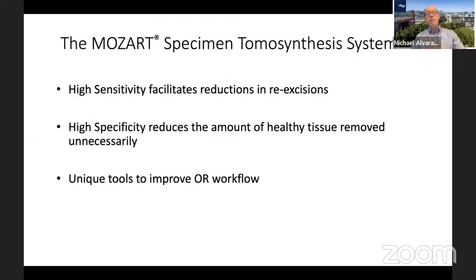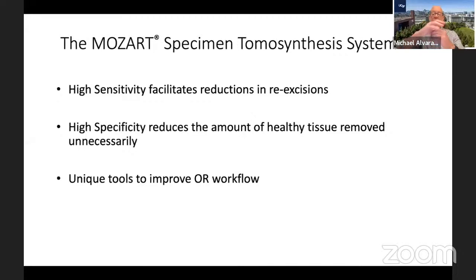The Mozart system that we use is, again, its sensitivity is really great. The specificity reduces the amount of healthy tissue removed. And so now what you can do, instead of doing all the way around shaved margins, you can focus on which ones seem to be closest. And I'm sure Professor Tram would appreciate that in the sense that I know our pathologist, when we send them the lumpectomy, and then there are 6 margins.